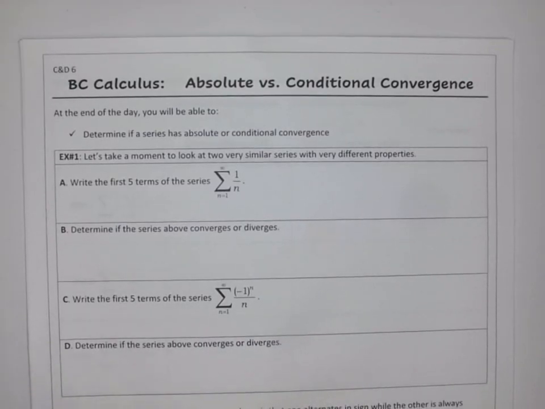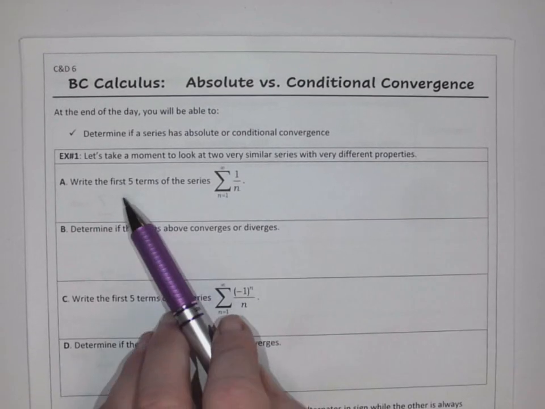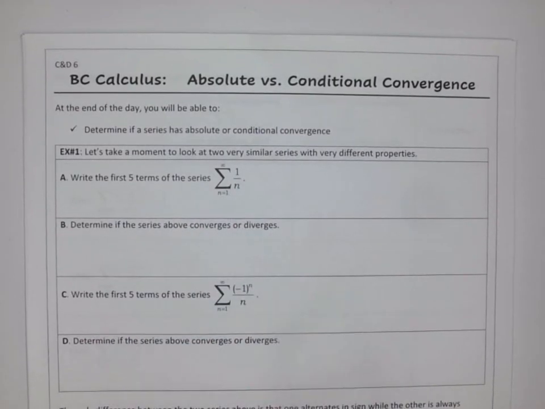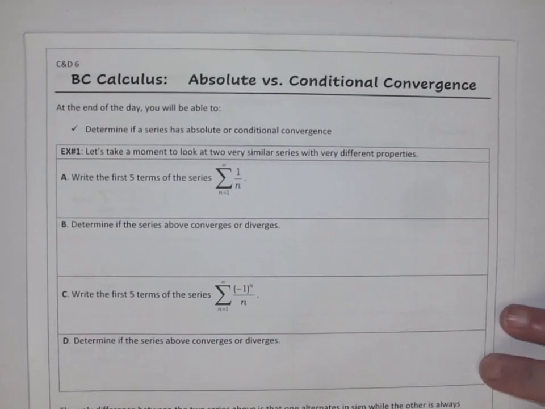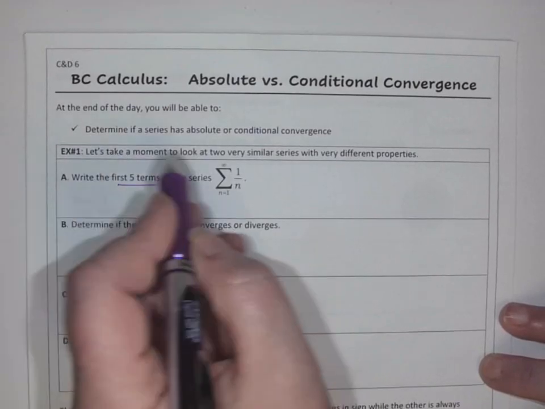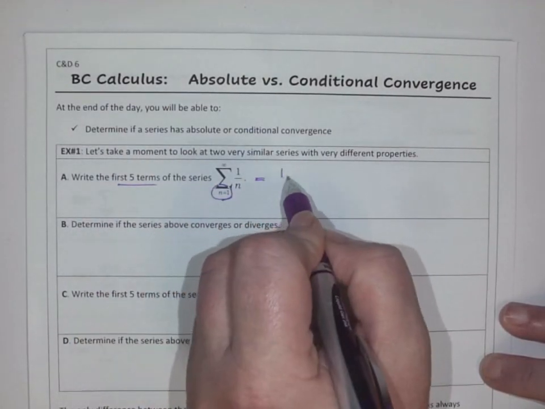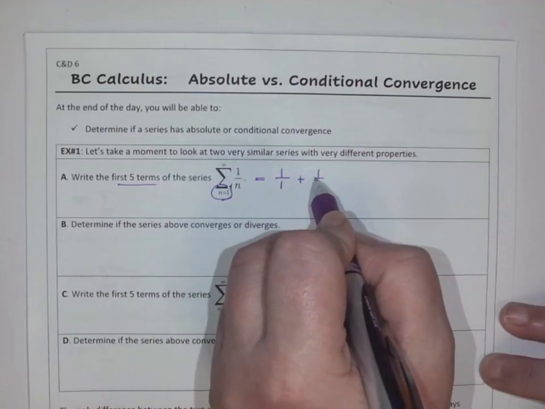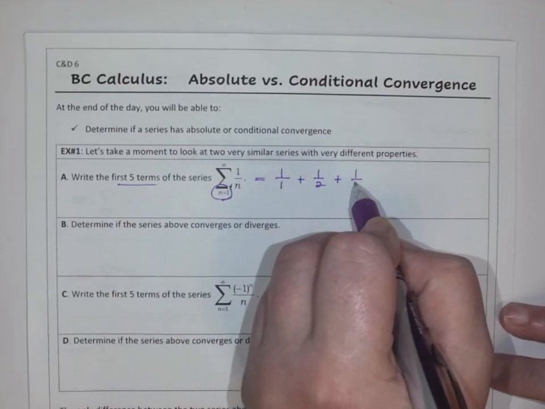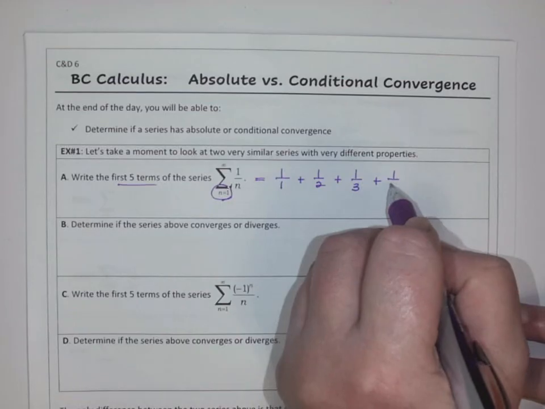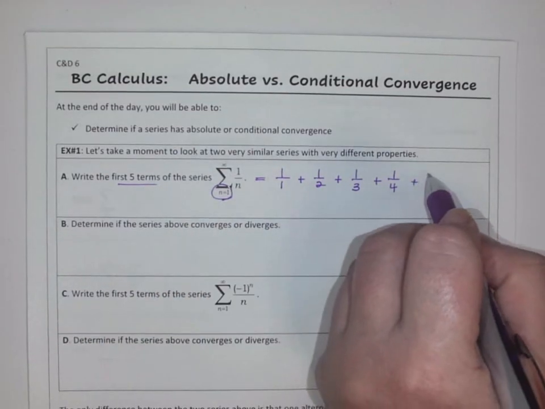So before we get there, let's look at two series that are very similar, yet really quite different. The first one is the harmonic series. If we write out the first 5 terms, starting with n equals 1, it would be 1 over 1 plus 1 over 2 plus 1 over 3 plus 1 over 4 plus 1 over 5.